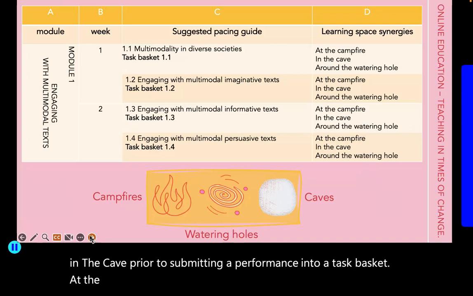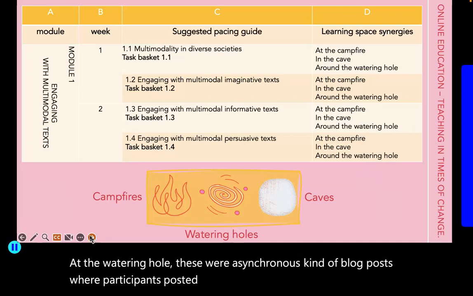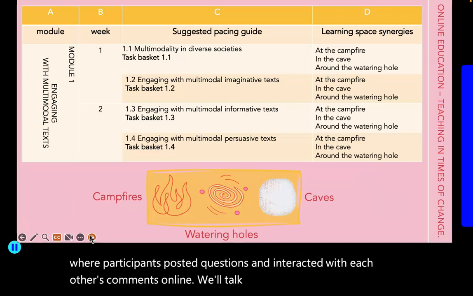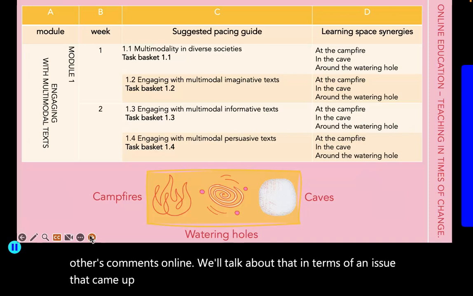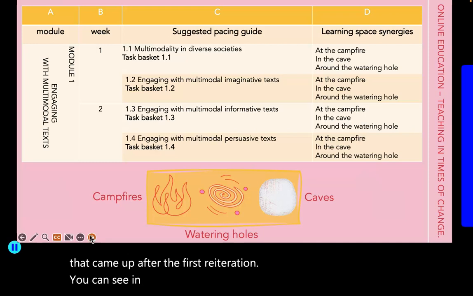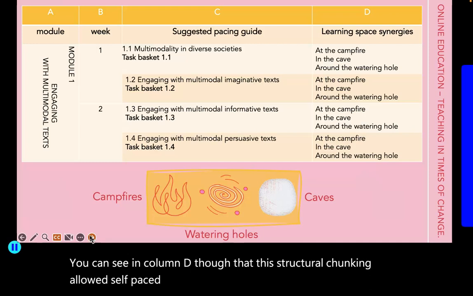At the watering hole, these were asynchronous kind of blog posts where participants posted questions and interacted with each other's comments online. We'll talk about that in terms of an issue that came up after the first reiteration. You can see in column D, though, that this structural chunking allowed self-paced engagement that was with some kind of structural familiarity and predictability.